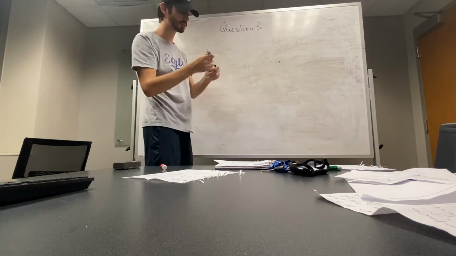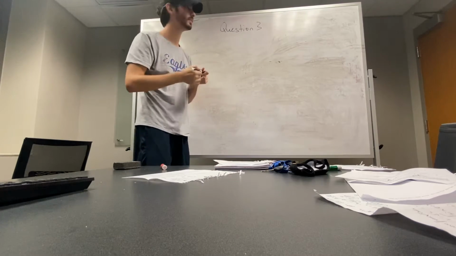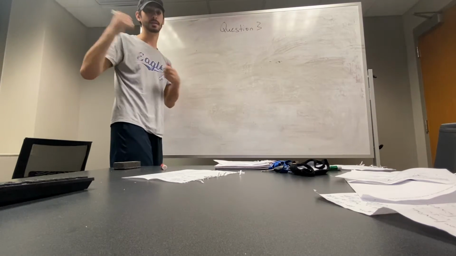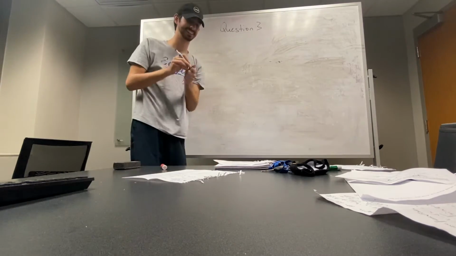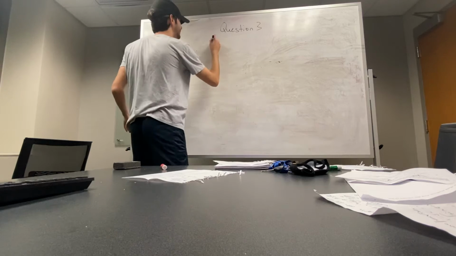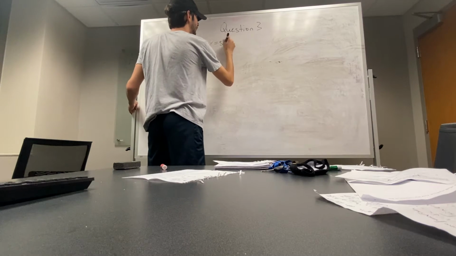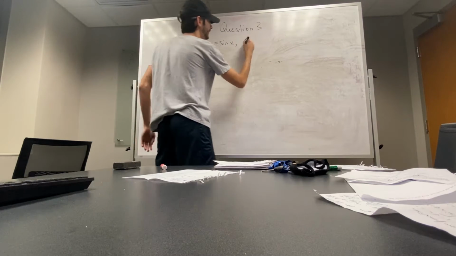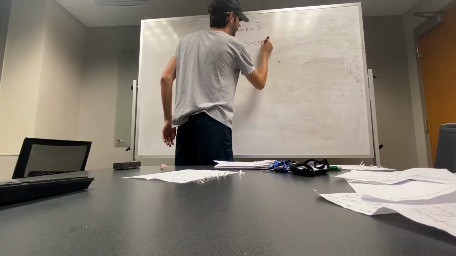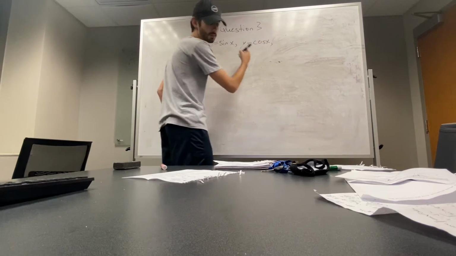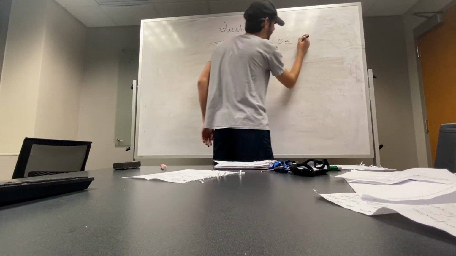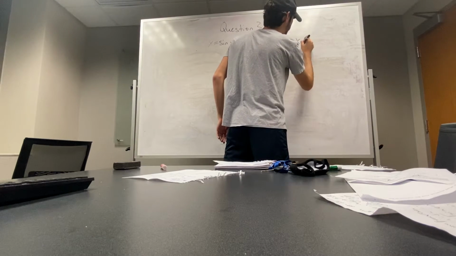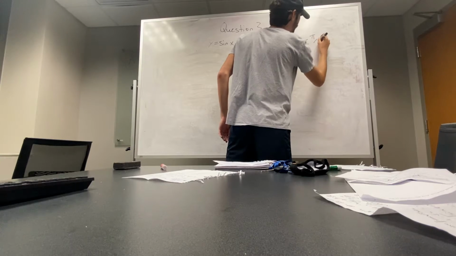All right, so this question gives us a scenario. We have y equals sine x, y equals cosine x, and x is between 0 and pi over 4.